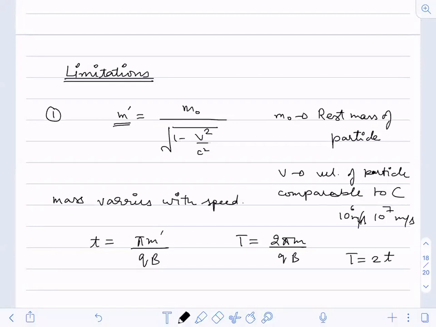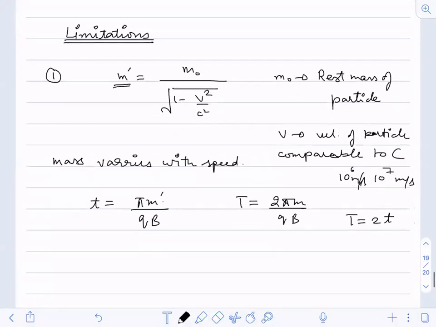Now if the mass changes, T changes, but the frequency of the oscillator remains the same, because the frequency of the oscillator is not dependent on the mass of the particle.